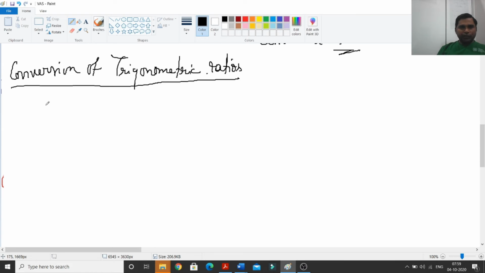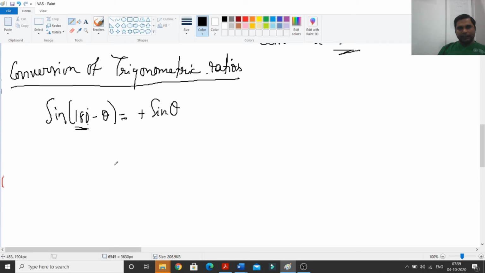So we'll be focusing only on 180 or 360. So see how we get the conversion. Sine 180 minus theta, what will it be equal to in terms of sine theta, cos theta? Sine 180 minus theta will be in the second quadrant, right? And in the second quadrant, sine is positive, and as it is 180, sine will remain sine.